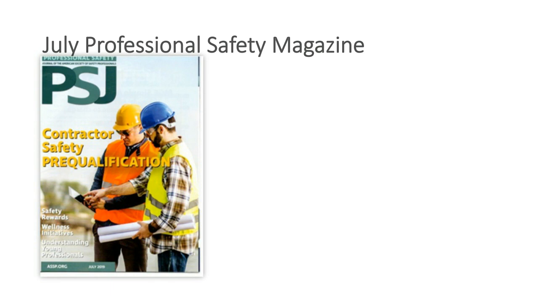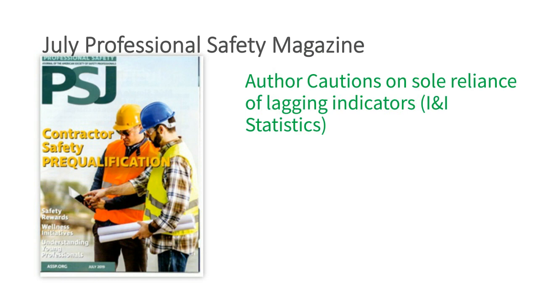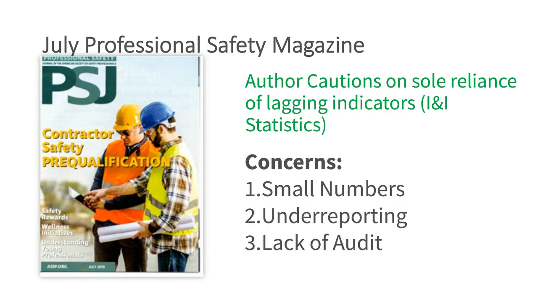I believe he is on the faculty at IUP, Indiana University of Pennsylvania. He raises some very good concerns and arguments about relying solely on the use of lagging indicators, and he identifies three concerns.